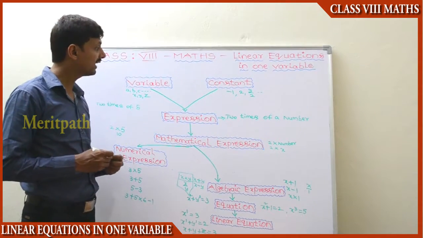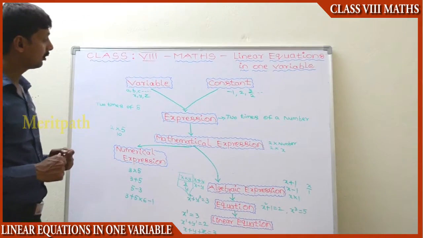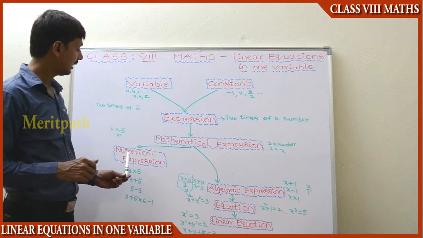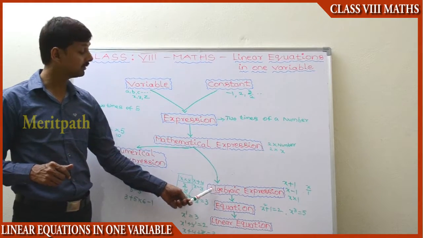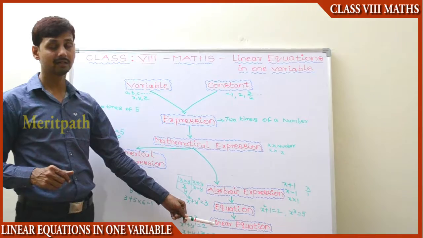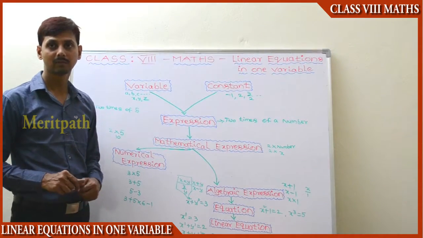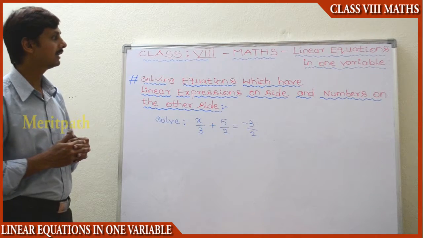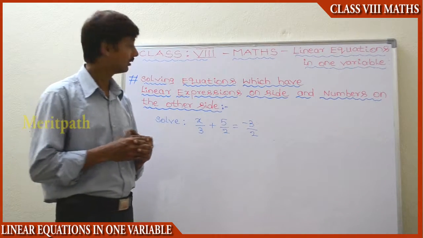So up to now we have learned about variable, constant, expression, mathematical expression, numerical expression, and algebraic expression, and after that equation, and in that linear equation we have learned solving equations which have linear expressions on one side and numbers on the other side.